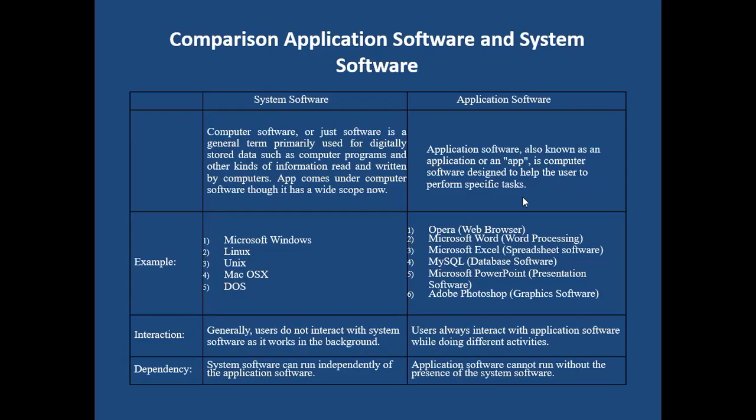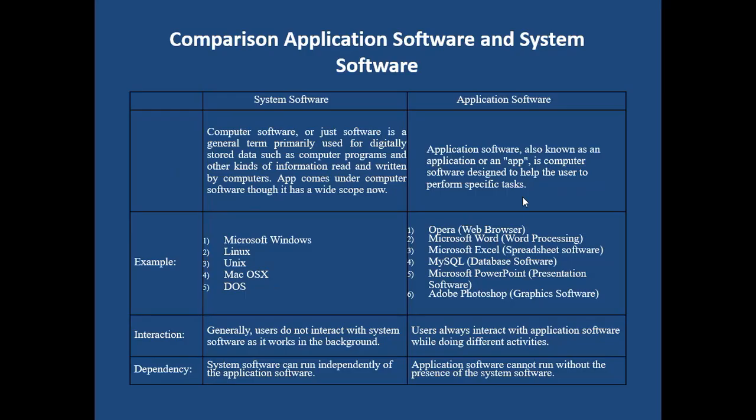So let's differentiate between system and application software. Computer software, or just software, is a general term primarily used for digitally stored data such as computer programs and other kinds of information read and written by computers.